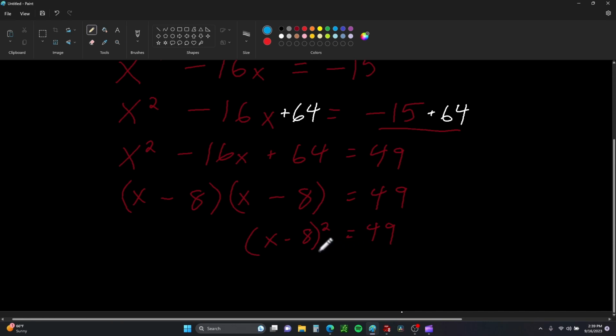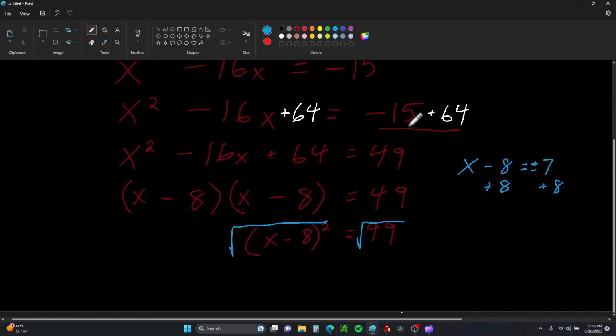Now, in order to find out what x is, I can take the square root of both sides. So I have x minus 8 equals 7. And now to solve this, I'm going to add 8 to both sides. And this is going to be plus or minus 7 because it's a square root. Both minus 7 times minus 7 and plus 7 times plus 7 give me 49.